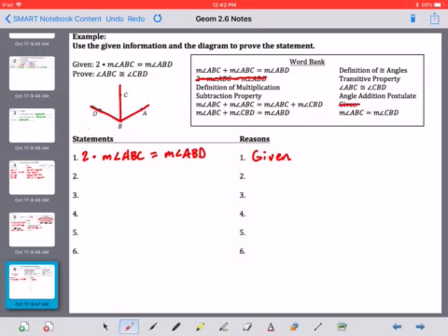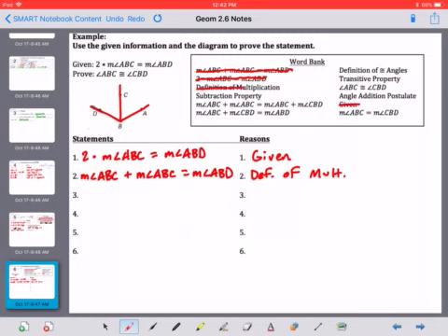Like if you have 2 times 3 equals 6, that's the same as 3 plus 3 equals 6. You're just repeating the 3 twice. So we're going to use that same idea, but now say the measure of angle ABC plus the measure of angle ABC is equal to the measure of angle ABD. So that was this first reason here. And that's actually just the definition of multiplication. Okay, multiplication is just repeated addition.